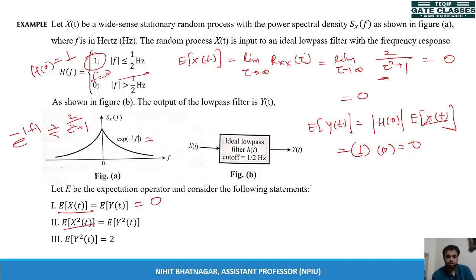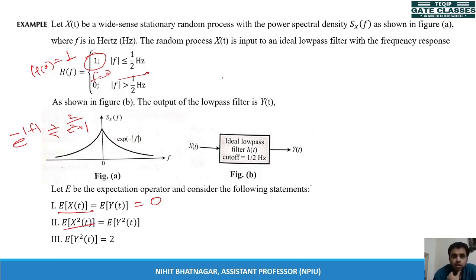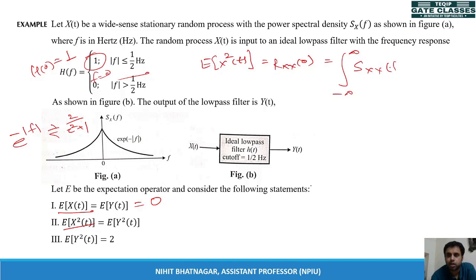Now take the expectation of X squared. The value of expectation of X squared is equal to R_X(0), or you can say it is equal to the integration from minus infinity to plus infinity of S_X(f) df.